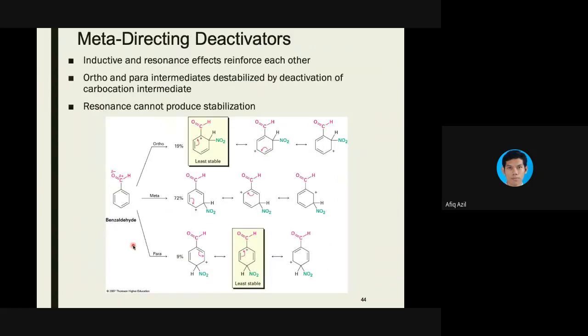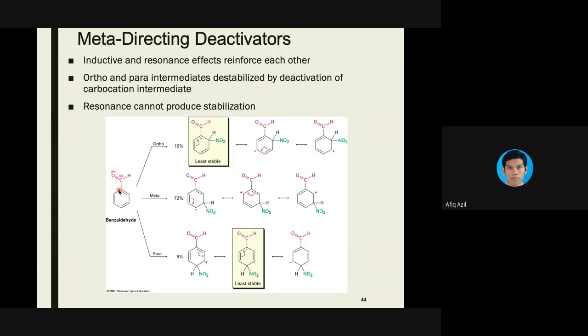Then we go to the meta directing deactivators. Okay, the last one. Examples of such substituents are aldehyde, carboxylic acid, esters, amide. Okay, so this group will make the ring less active. It pulls electrons away from the ring as well.